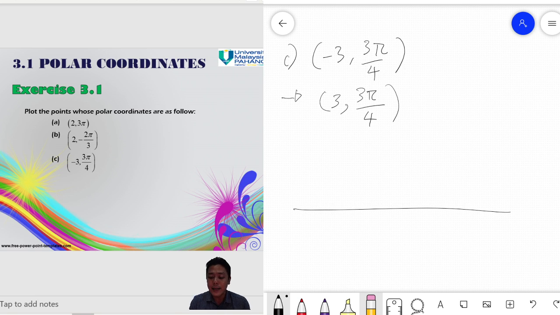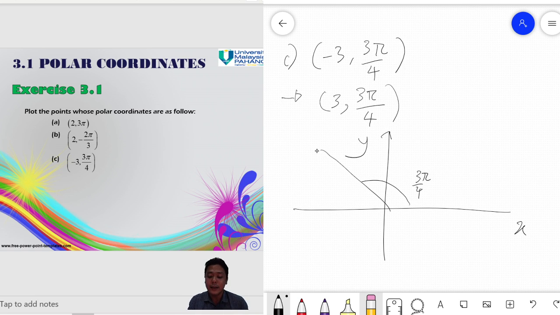You will start with drawing the axis again, and 3 pi over 4 is equivalent to 135 degrees. Okay, this is a positive, so we move anti-clockwise. 135 degrees will be somewhere around here. Okay, we draw a straight line. This is 3 pi over 4.